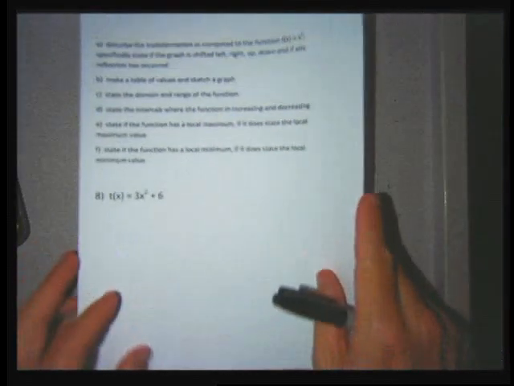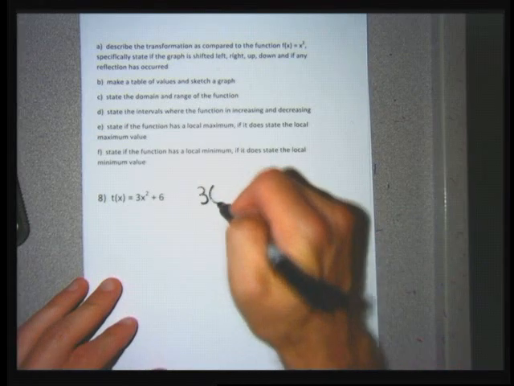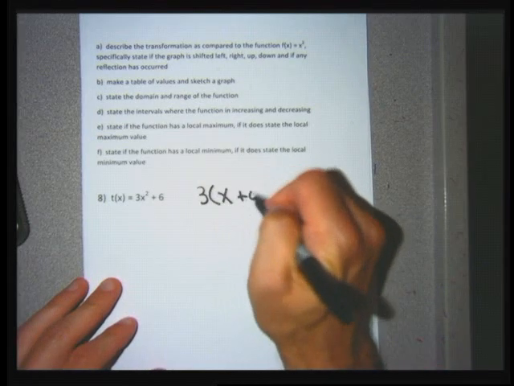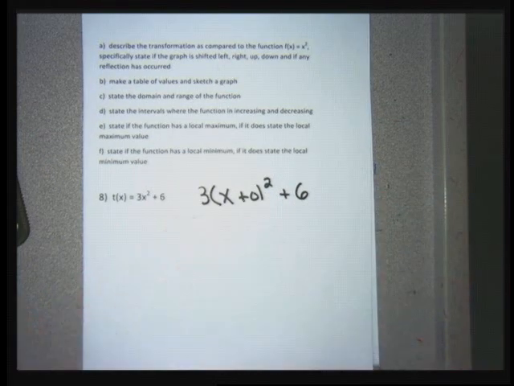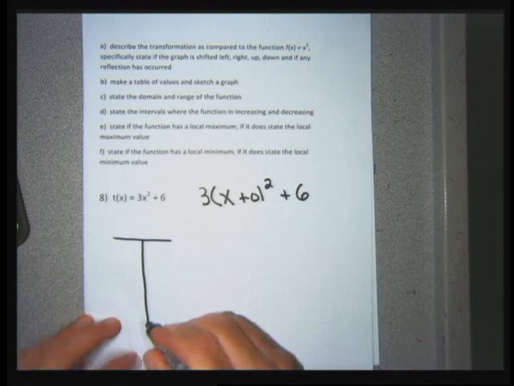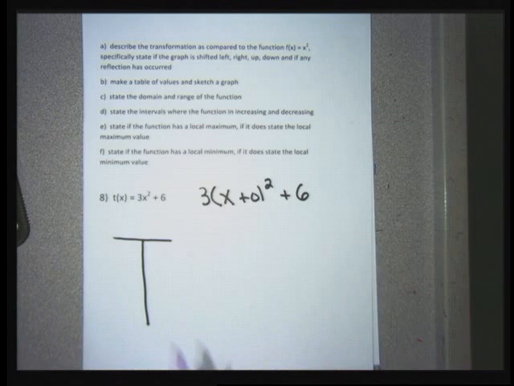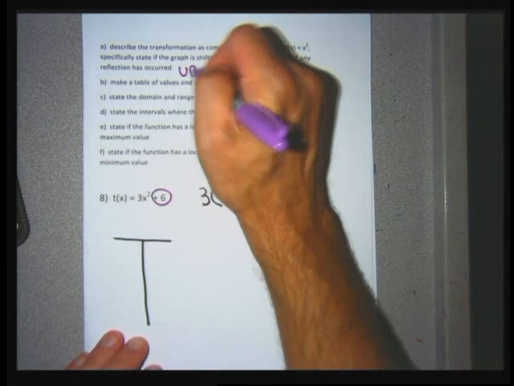When I go to do number 8, if you need to, you can think of this as 3 times x plus 0 squared plus 6. You don't need a parentheses in this problem to be able to do it properly. The only thing that's going to happen here is the graph is going to be shifted up 6 for that plus 6.